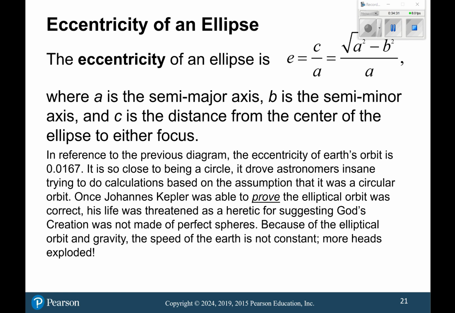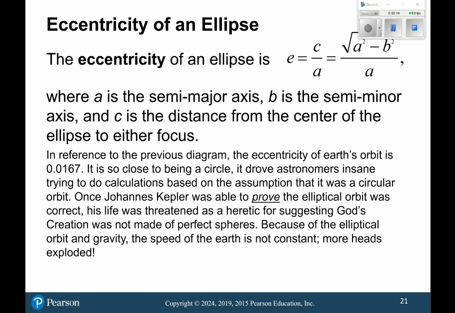So we come to something that's called eccentricity of an ellipse. What's the ratio here of how distorted is it? Okay. Again, A is going to be the length of the semi-major axis, B is the length of the semi-minor axis, and we're going to do the same thing that we did before, that C is equal to, take A squared minus B squared, take the square root, and that's C. Then divided by the value of A is what we use as the ratio for eccentricity.